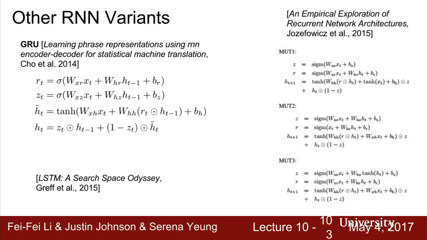The conclusion is that they all work about the same. Some of them work a little bit better than others for one problem or another, but generally, none of the tweaks they tried were significantly better than the original LSTM for all problems. So that gives you a little bit more faith that the LSTM update equations seem kind of magical, but they're useful anyway. You should probably consider them for your problem.